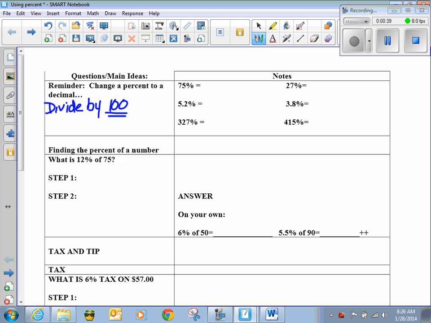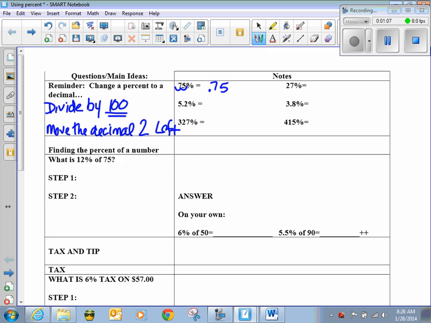Another way we can look at it is to move the decimal to the left. For 75%, I could do 75 divided by 100, or I can remember that my decimal's right here, move it 1, 2 places, and I end up with 0.75.